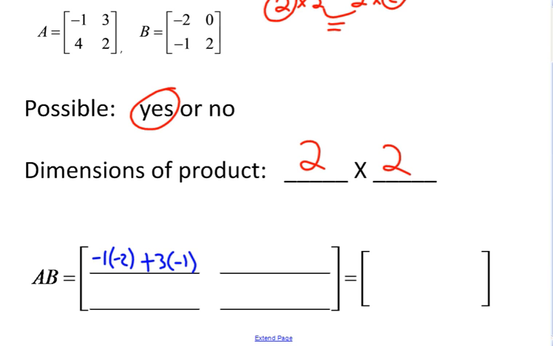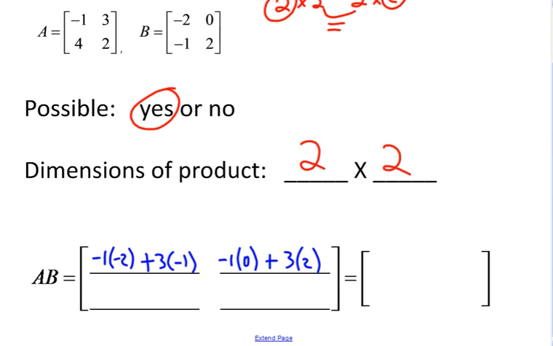So we're still going to multiply the first row. Now we're going to go to the second column. Negative 1 times 0 plus 3 times 2. So that's the first row times the second column. Now we've done the first row multiplication. Now we're going to do the second row.